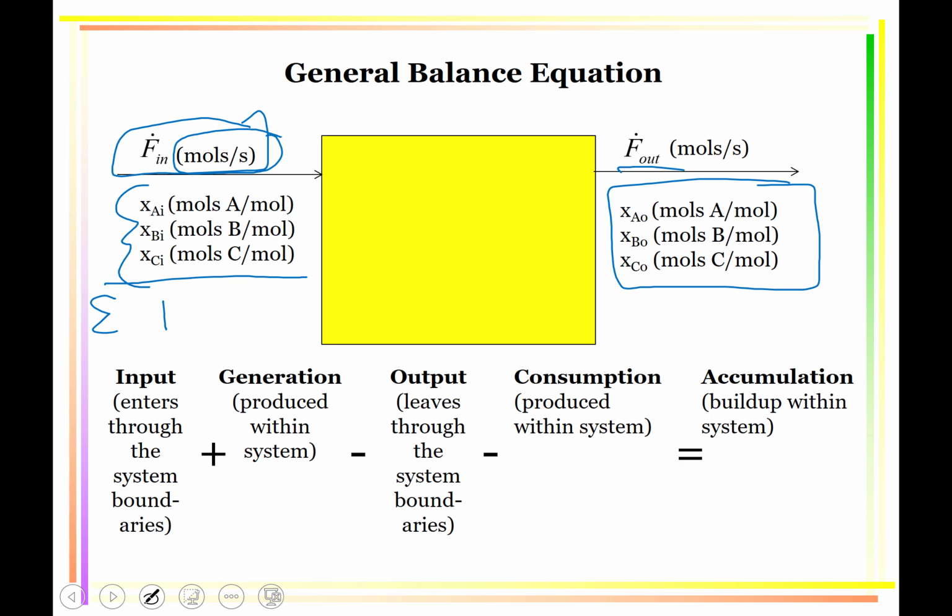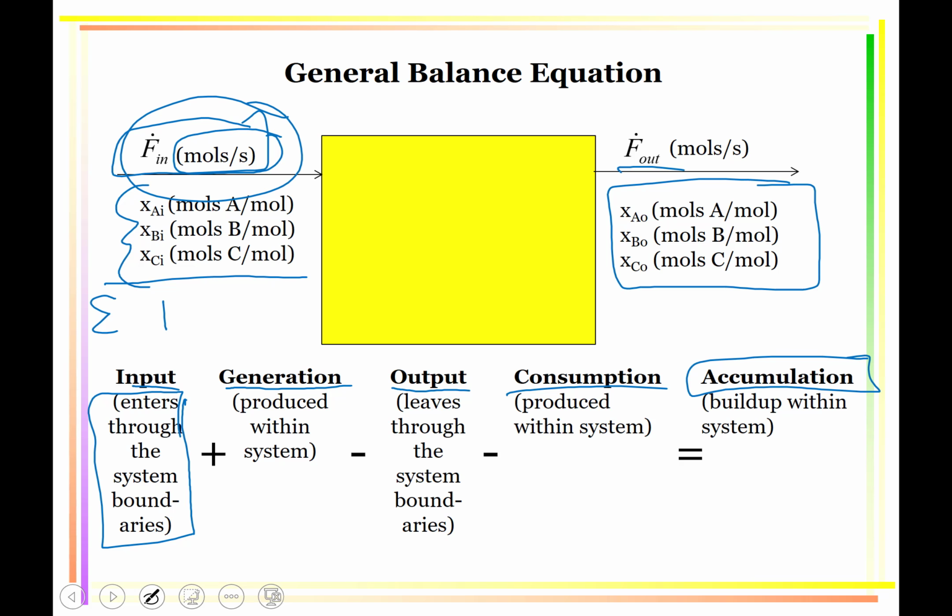Okay, so the terms in the balance equation are input, generation, output, consumption, and accumulation. And input is anything that enters through the system boundaries. Here we have a stream F in. This is the input. Generation is anything that is produced within the system. So let's say a reactant goes from A to B, then B is generated in the process. Output is everything that's coming out of the process. It leaves through the system boundaries.